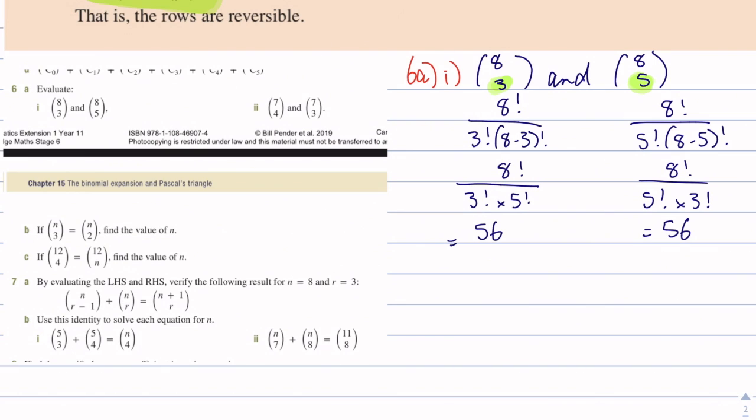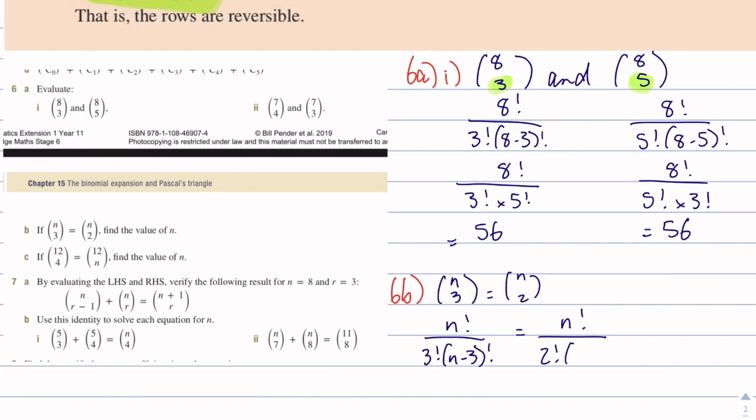So for 6b, they're saying that nC3 equals nC2. That is n factorial over 3 factorial times (n take 3) factorial is the same as n factorial over 2 factorial times (n take 2) factorial.